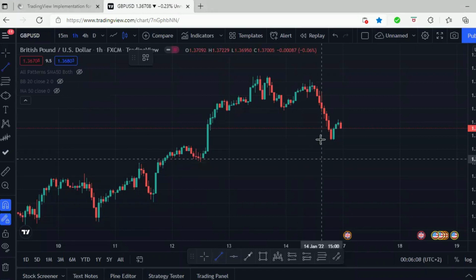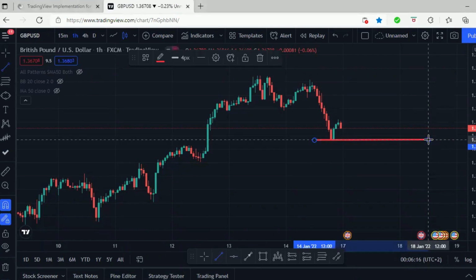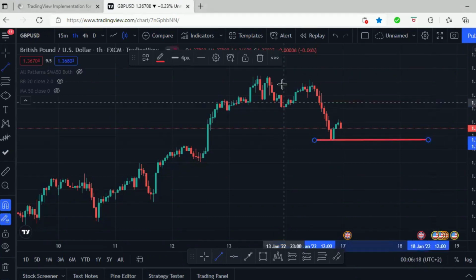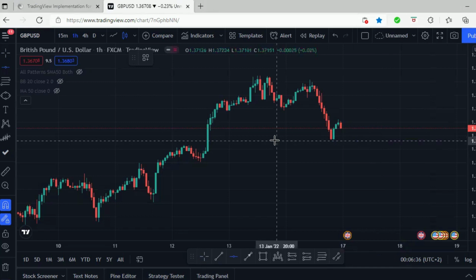For example, I'll just wait for price to get to this point. When price gets to this point right here, that is where I place my buy limit. I'm just going to use this one so that I can see the numbers.